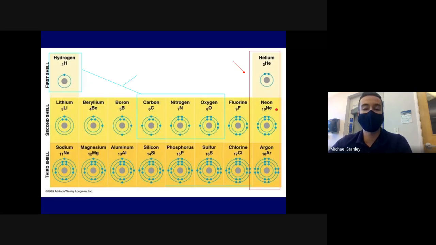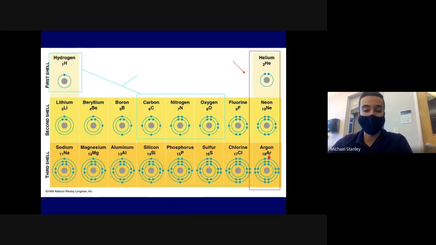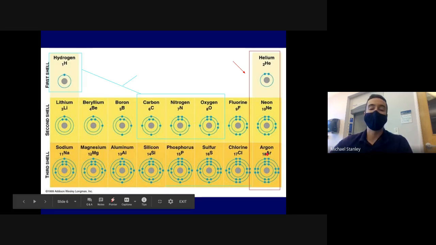If we look at neon over here and argon, neon has 8 electrons on its outer shell, and argon has 8 electrons on its outer shell. So neon and argon have already satisfied the octet rule. They've already got 8 electrons.